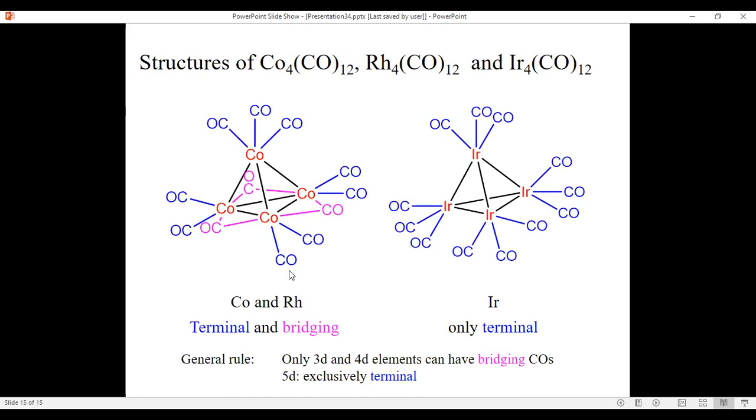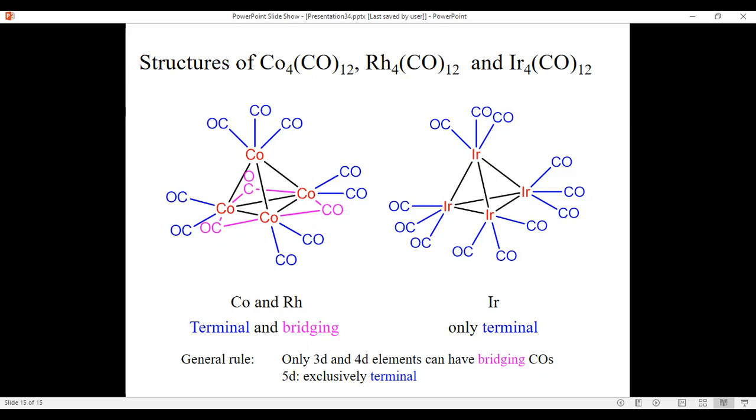So here are just some structural details. When you look at the exact structure of the cobalt and the rhodium tetrameric clusters, you see that there's actually one cobalt which has only terminal COs, while the other 3 cobalts have 2 terminal COs and one bridging CO. And for the rhodium, it's the same, but for the iridium, you have only terminal COs, and that's actually a general rule.